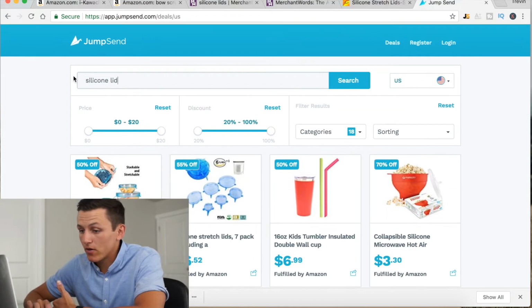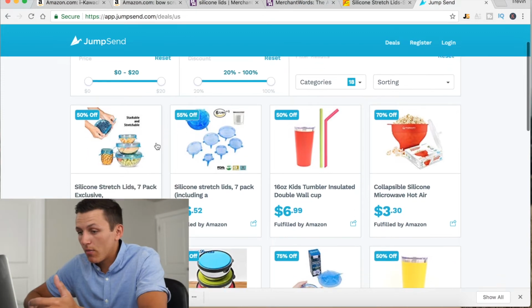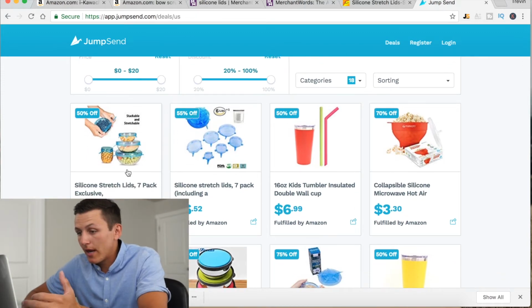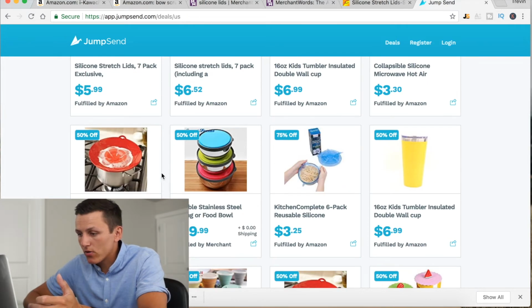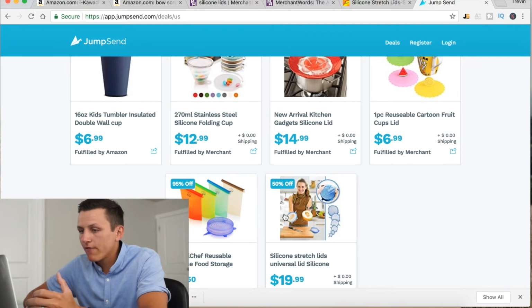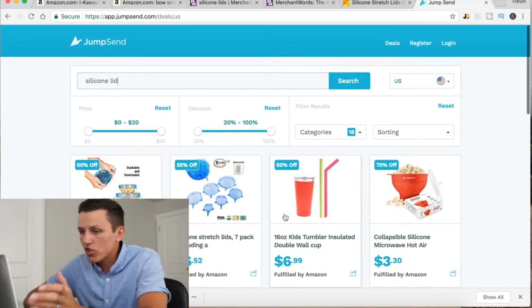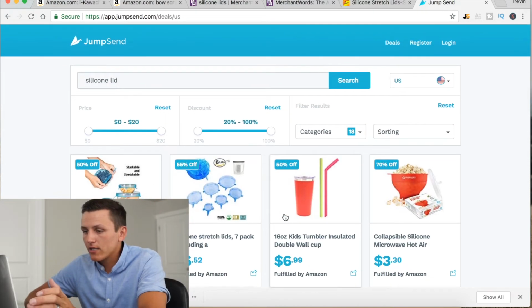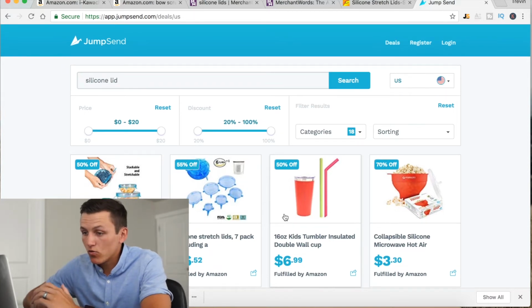I'm going to type in silicone lid, and the first things that come up are the silicone lids that I'm looking to sell. So I have 1, 2, these are similar, 3, 4, 5. So 5 on that keyword on their giveaway site, and that's just with that keyword.